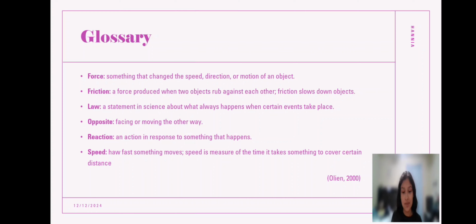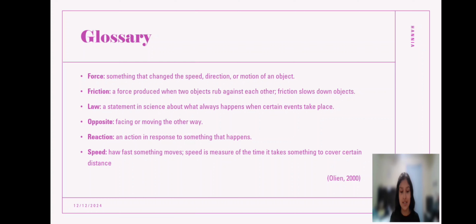Something that changes the speed, direction, or motion of an object. Number 2 is friction. A force produced when 2 objects rub against each other. Friction slows down objects. Number 3 is law. A statement in science about what always happens when certain events take place, like Newton's laws of motion.